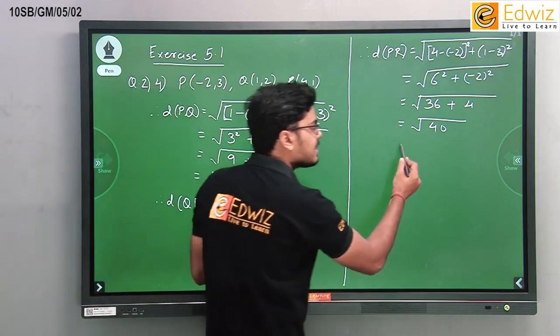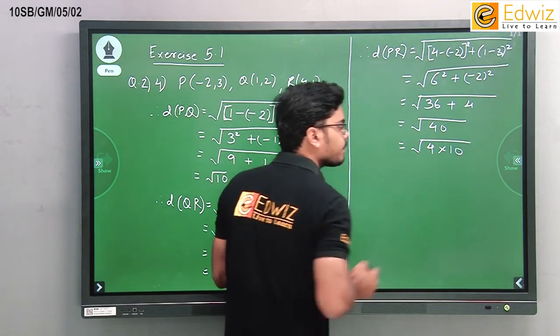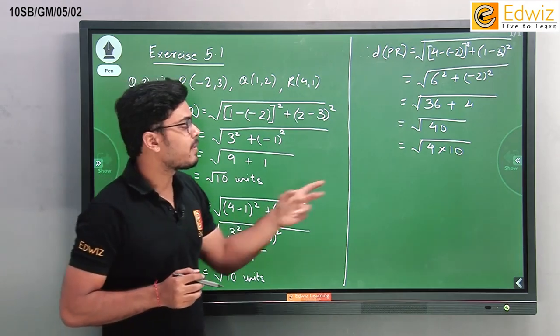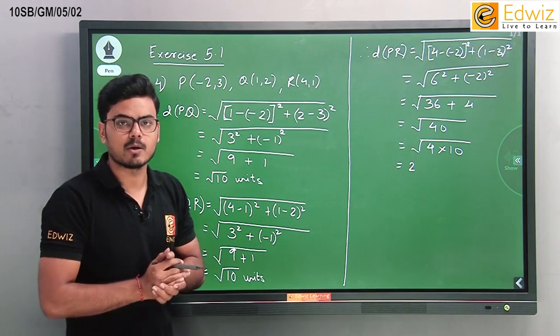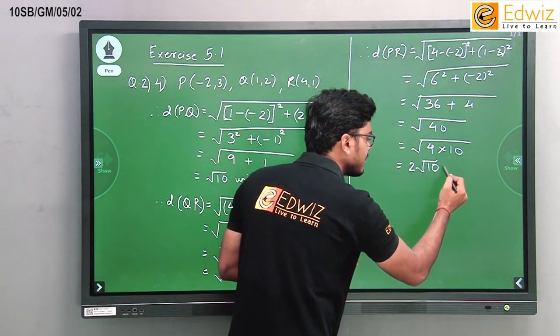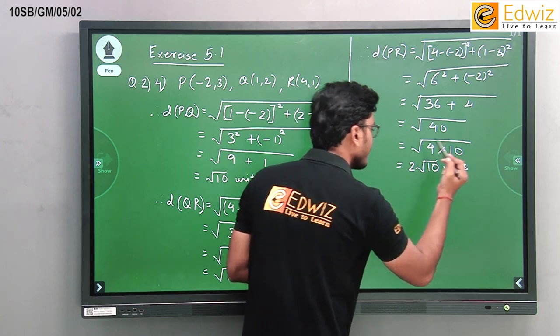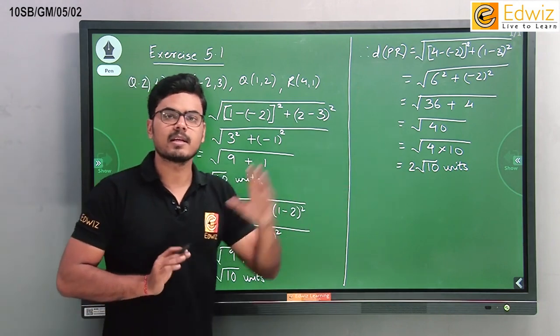But here it is equal to square root of 4 multiplied by 10. Okay, and we know that square root of 4 is 2. So that part at least we can take outside. So 2 came outside, and what is left behind is square root of 10 units. Okay, so the final distance that we are getting is 2 times root 10 units.